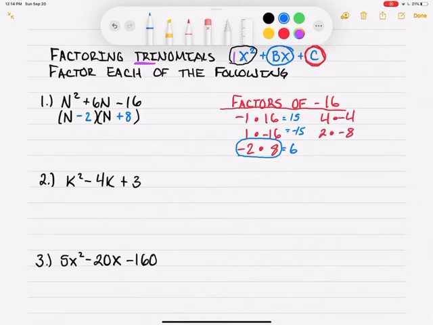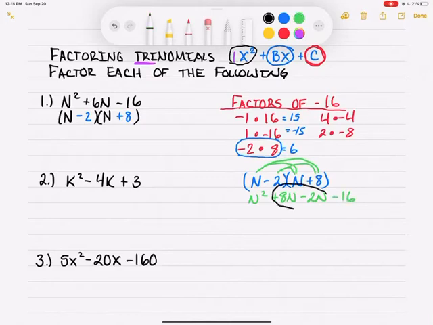And the way you check, again, is to just make sure that if you were to FOIL, you would end up right where you started. We can show that n times n is n squared. N times 8 is 8n, so positive 8n. Negative 2 times n is negative 2n. And then negative 2 times 8 is negative 16.